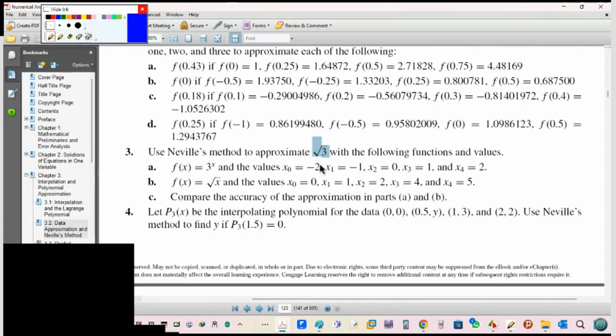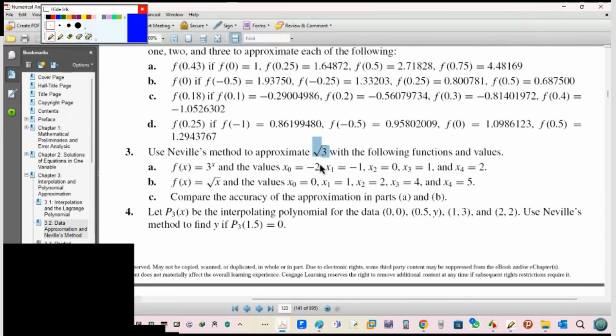This is x. After that, you can find the values and compare the result. Compare how? I know the root of 3, so I can compare between the exact value and the approximate value.